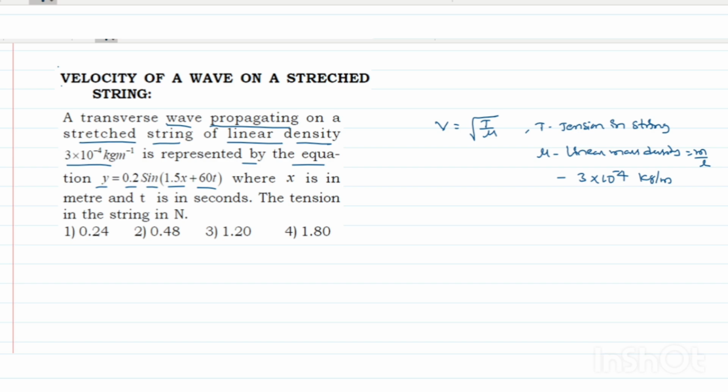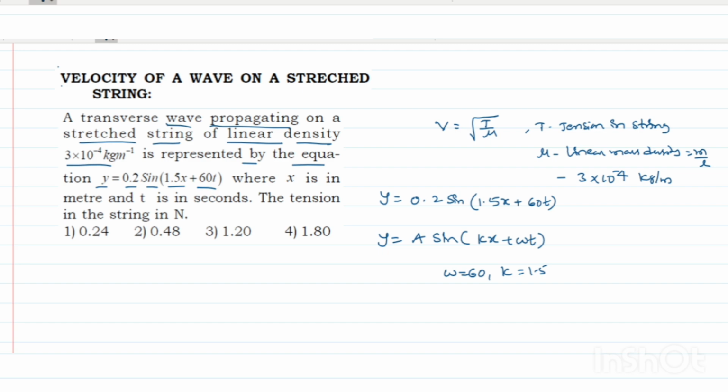Now here the y value is given as 0.2 sine (1.5x plus 60t). The general equation of the wave is y equals A sine (kx plus omega t). So instead of omega it will be 60, and instead of k it will be 1.5.